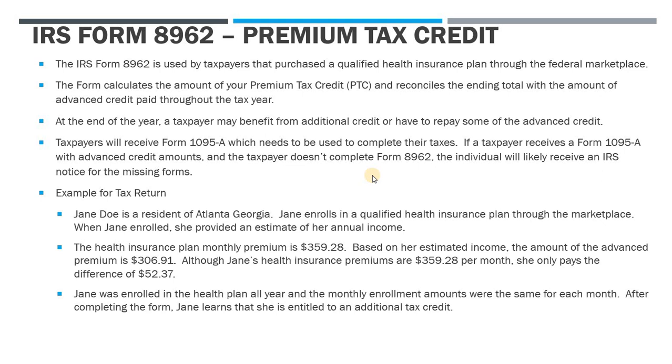Or do we owe you money, right? Do you get additional credits because your income was actually understated from when you initially applied through the program? So for the example we're going to look at, I'm going to go through the fact pattern, then we'll go to the 1095A, I'm going to explain the columns, and then we'll look at the 8962.